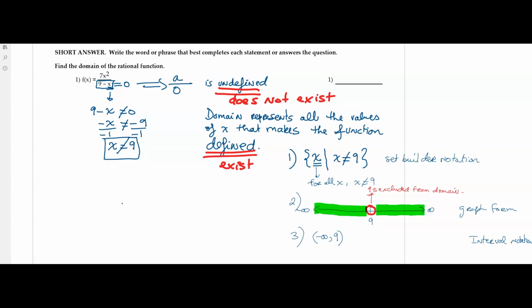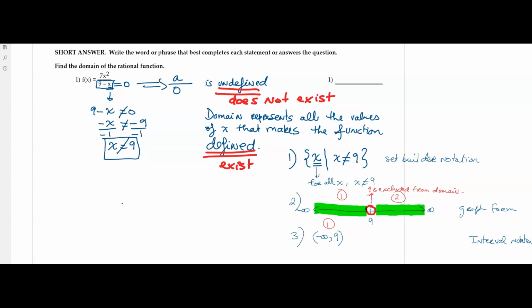If it was part of the solution, then I would put a bracket. But in this case, it is not. So we put a parenthesis. Alright, so this represents the first part, negative infinity to 9. That's number 1. Now I have to add the second part.